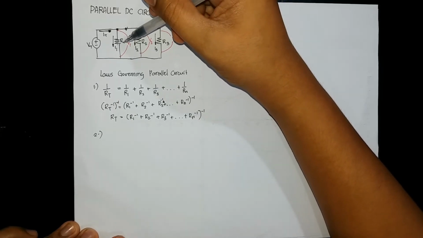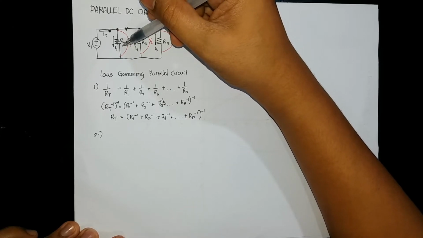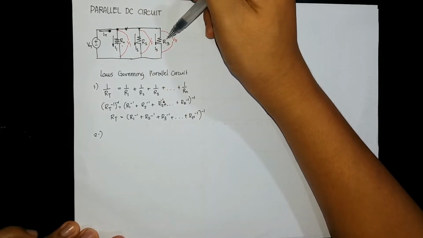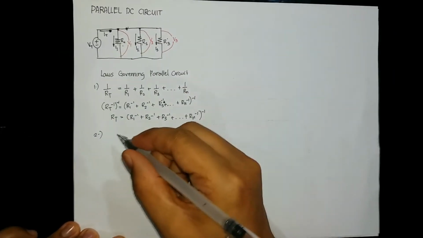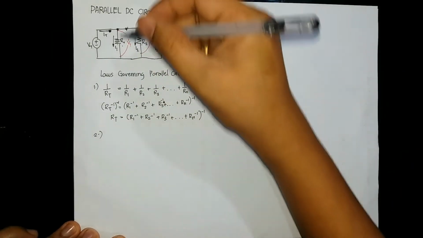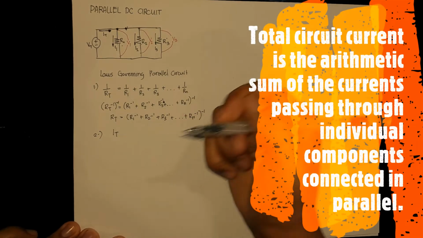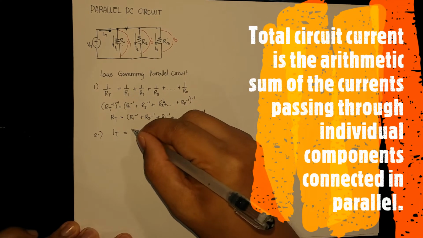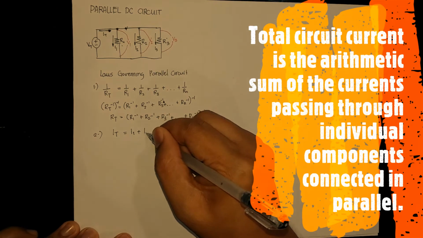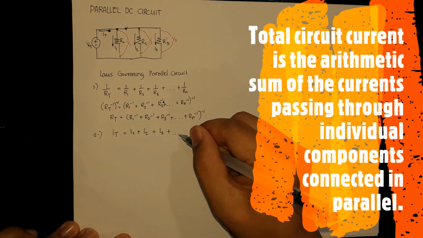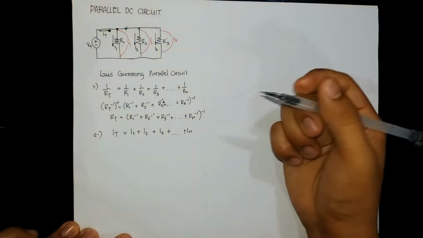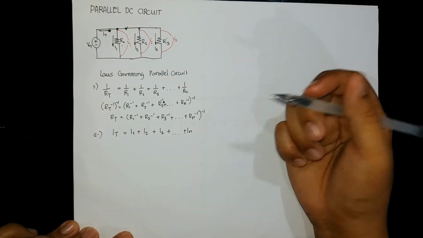So the larger the resistance, the less current that will flow in each branch or in each resistor. Meaning, if you solve for the I total, that is simply the sum of all the currents in each branch. So if ever I have more than 3, that will be the sum of all the currents.